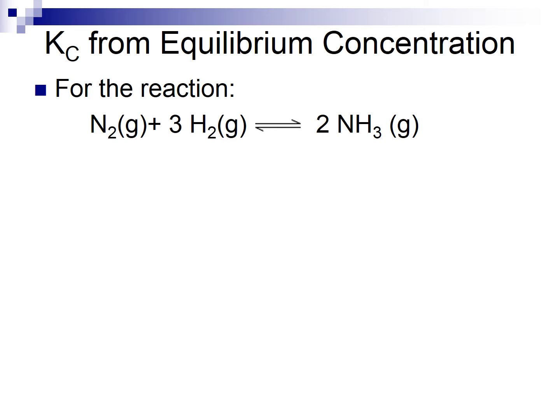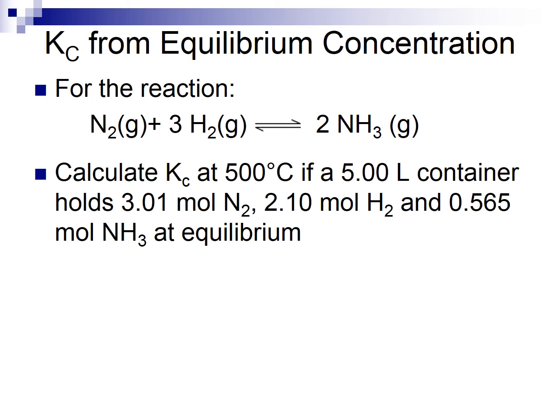Now I can figure out an equilibrium constant from equilibrium concentrations fairly easily. If I know that I have some particular concentrations for my system at equilibrium, given a reaction like this, the Haber process of ammonia forming from the combination of nitrogen and hydrogen, we can calculate the Kc value in a 5-liter container if it holds 3.01 moles of nitrogen, 2.10 moles of hydrogen, and 0.565 moles of ammonia at equilibrium.